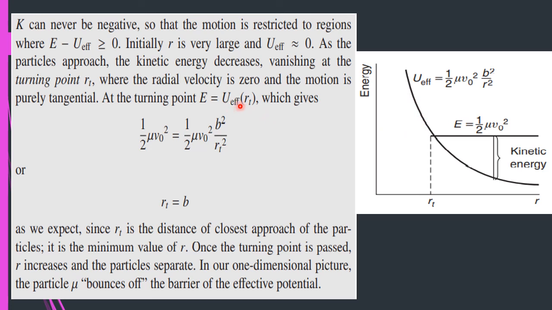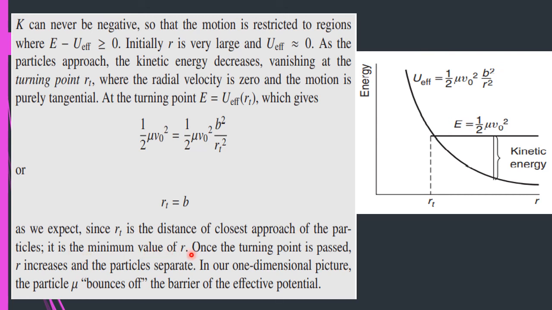There will be no kinetic energy. So E is equal to U effective at rT, which gives, if we substitute, half mu v0 square is equal to half mu v0 square b square by rT square. On comparing these two sides, you can find that b square is nothing but rT square, or rT is nothing but b. So this rT is the distance of closest approach of the particles.